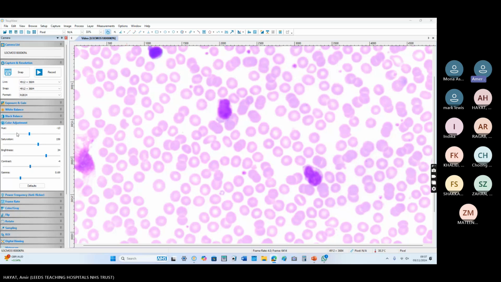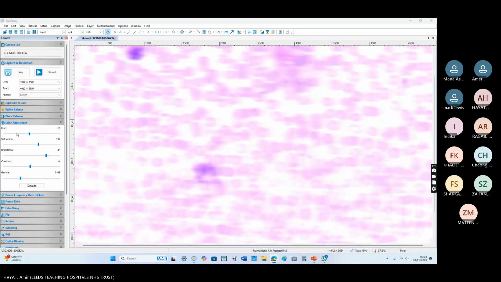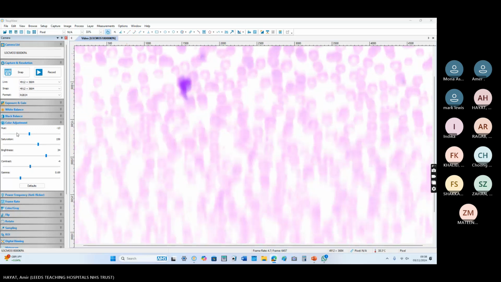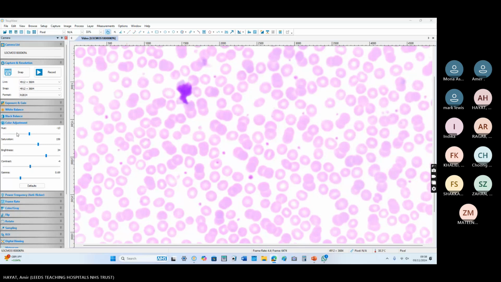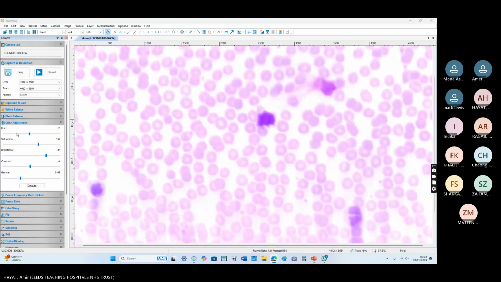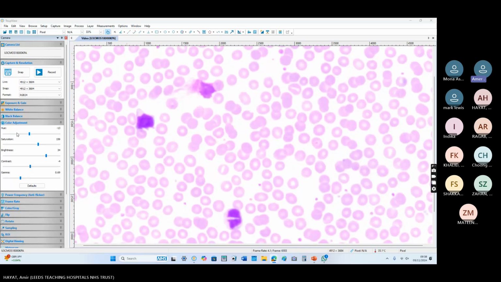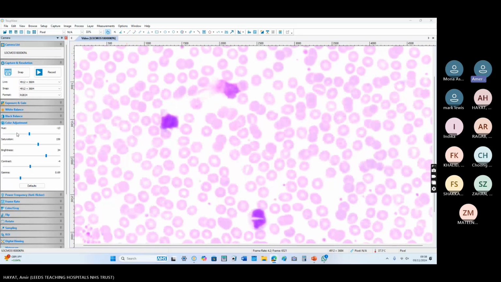So what do you think about the nature of the lymphocyte? Smudged lymphocytes? The one at 12 o'clock can be a smudge, but what about the other one? Oh, there's a smudge cell there.